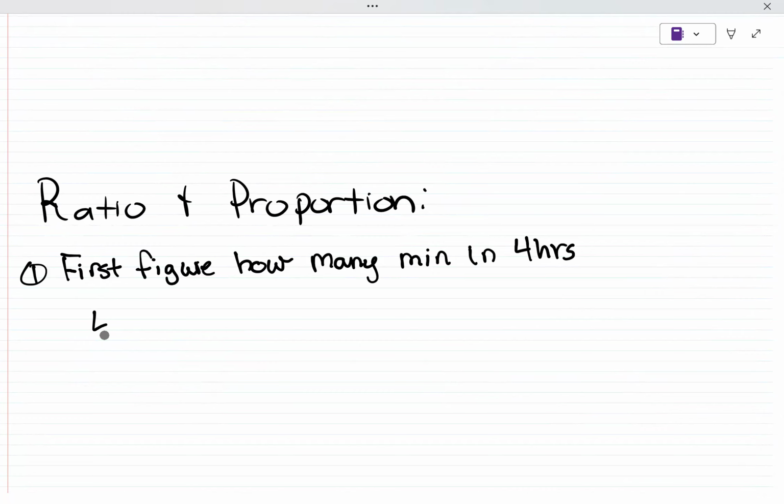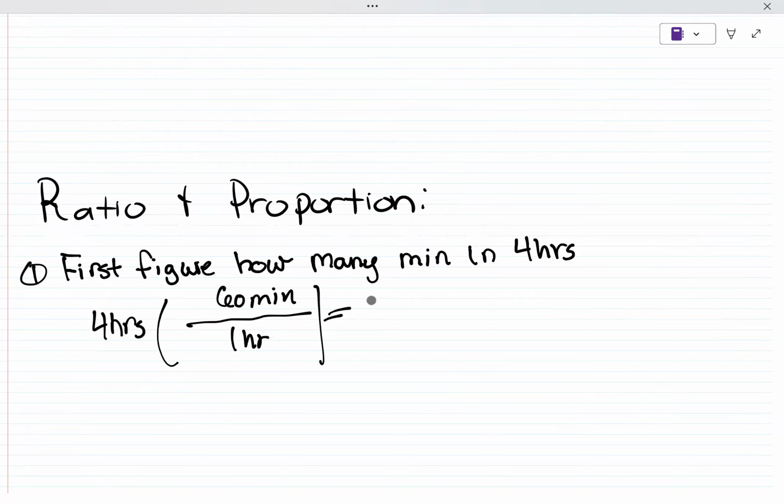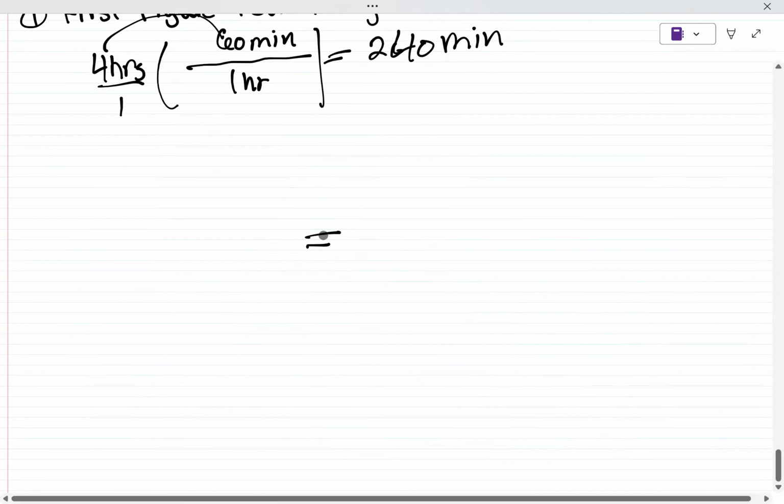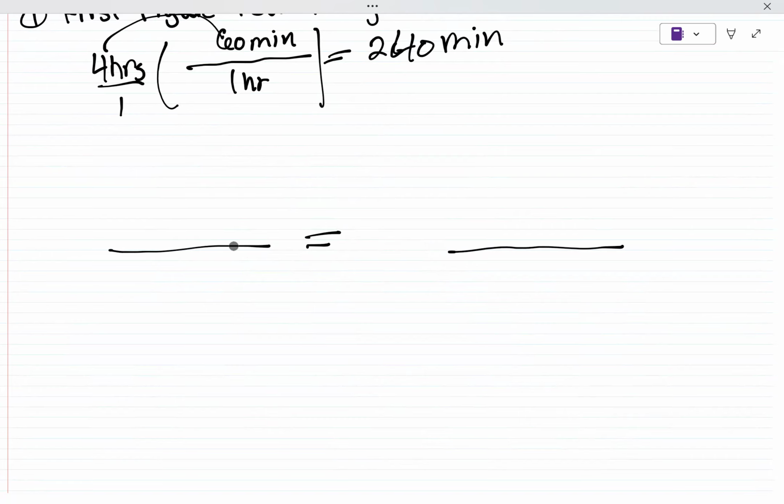We know that for 1 hour, there's 60 minutes, and that gives you 240 minutes. 4 times 60 is 240. Then you can set up your proportion with two fractions. Our final answer has to be in milliliters, so let's put drops on the top and minutes on the bottom.